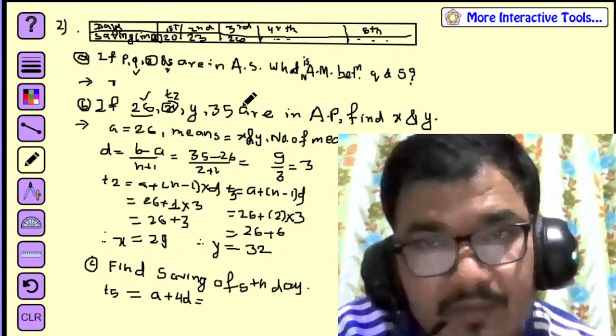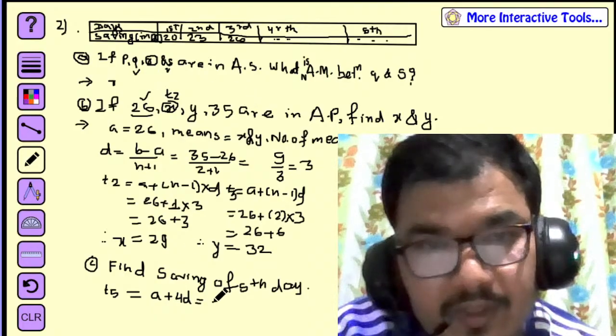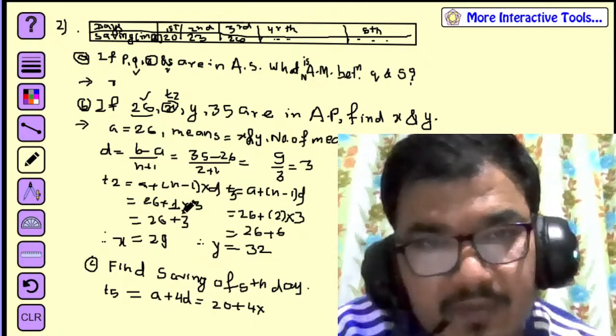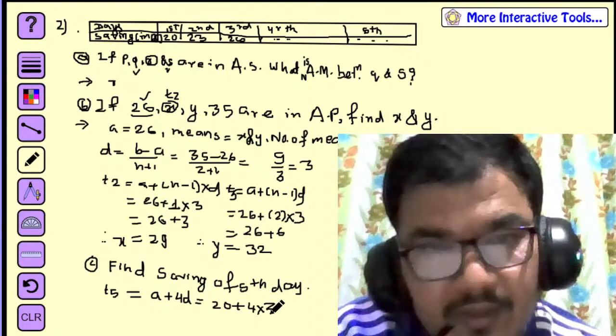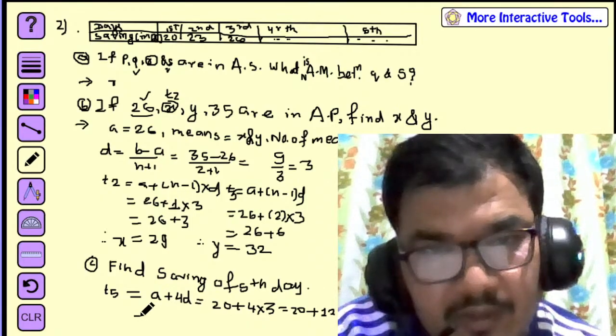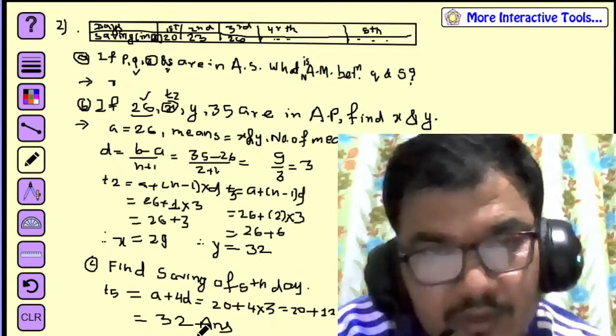A is given as 20, so write 20 here, plus 4 into the common difference, which we found as 3. So 20 plus 4 times 3, which is 12, and the answer comes to 32.